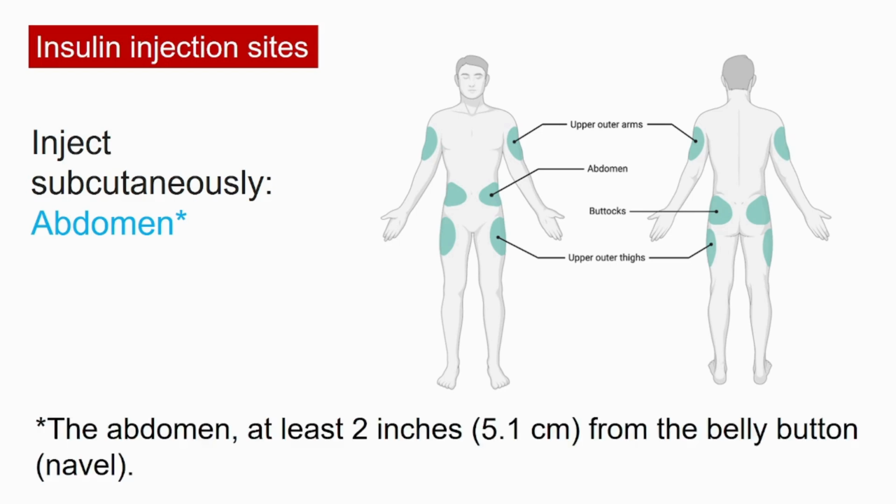For the abdomen, the insulin injection should be at least 2 inches, which is equal to 5.1 centimeters, from the belly button or navel.